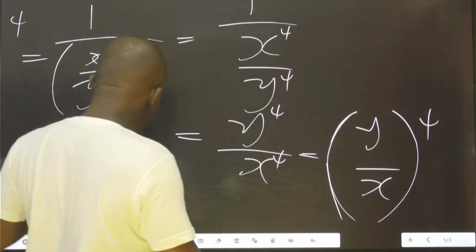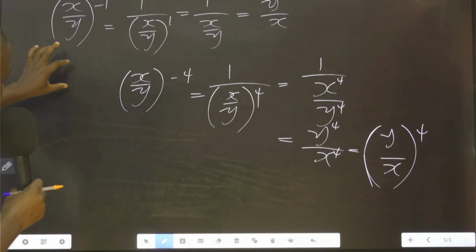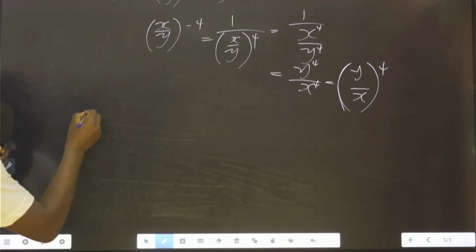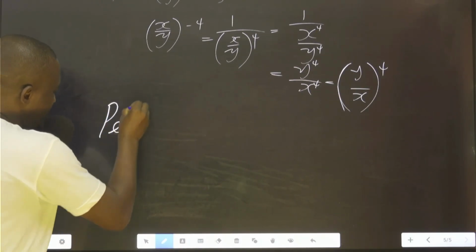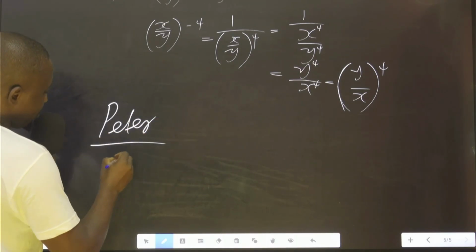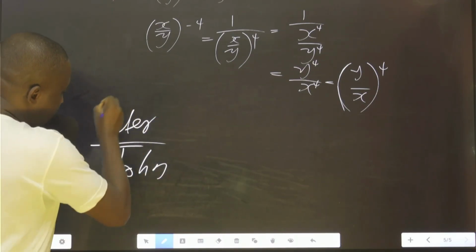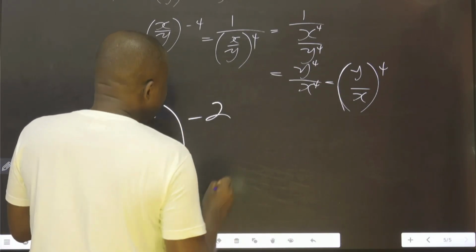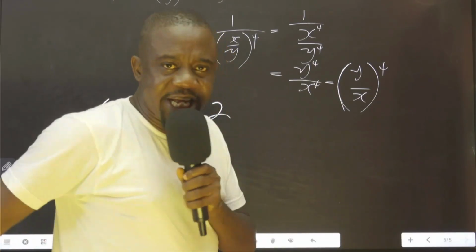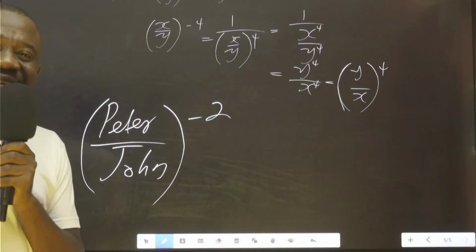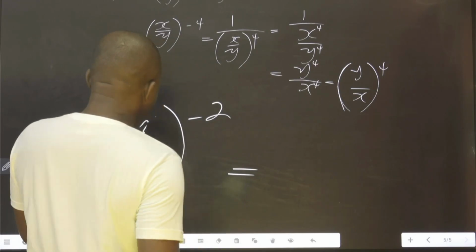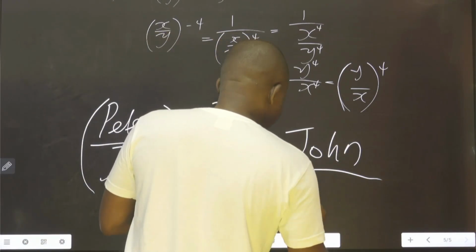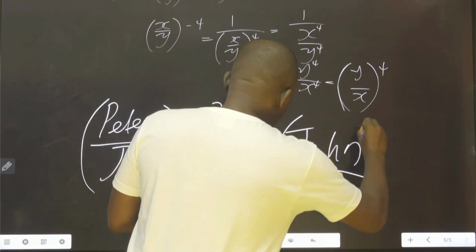As you can see, from where we started, what it simply means is, if I have Peter over John raised to power -4 or -2, I don't need to waste my time in this process. All I simply need to do is to say John over Peter raised to power 2.